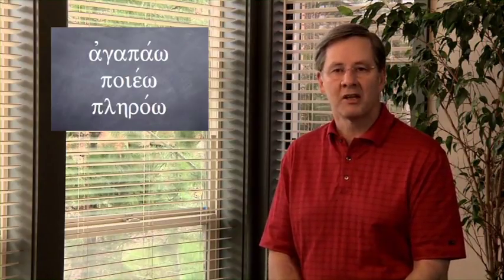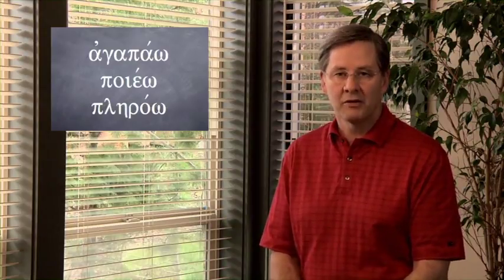So we're going to be learning the inflectional patterns for agapao, poieo, and pleirao. And what's going to be really nice is that there's patterns in these. In other words, once you learn how agapao forms is different for second, third person singular forms, that kind of stuff, you know then how all alpha contracts are going to behave. Once you learn all the poieo forms, you're going to know how all epsilon contract verbs are going to behave. So there's some very distinct patterns with contract verbs.